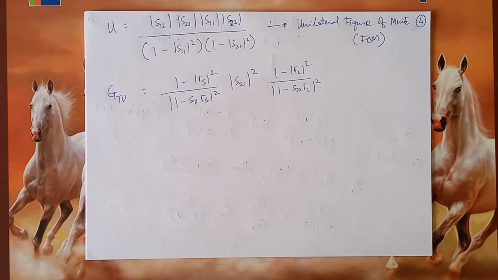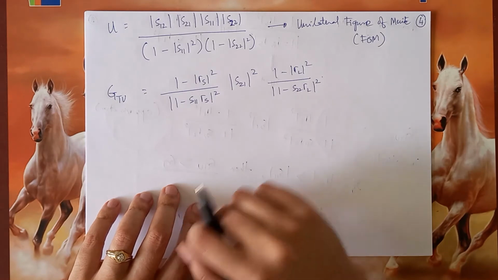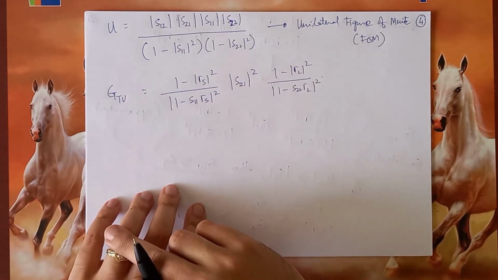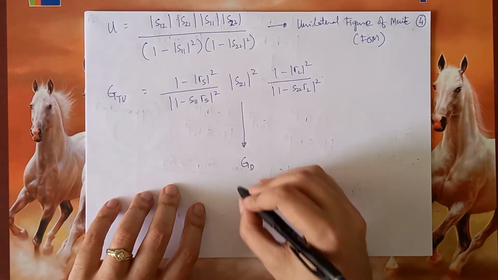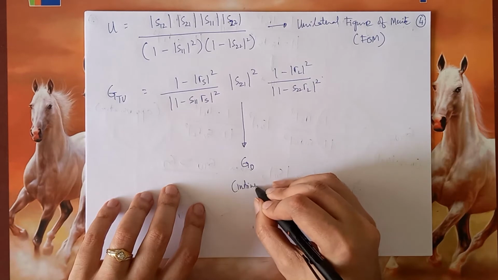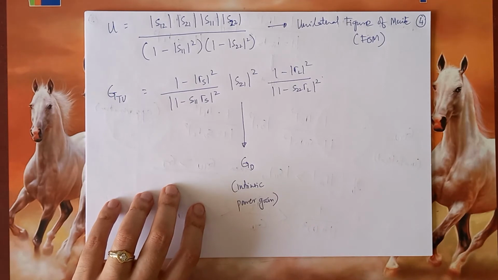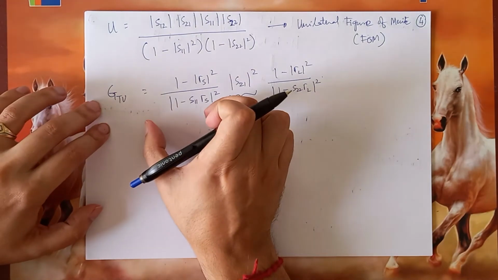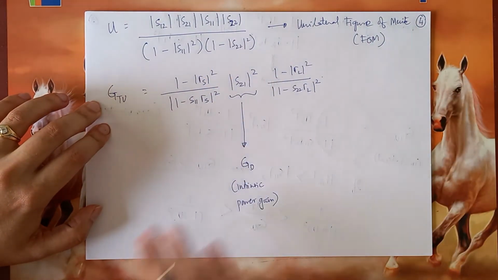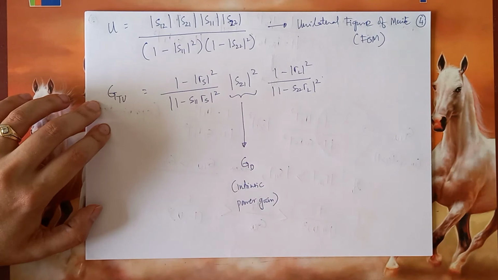Now, as you know, this S21 is called the intrinsic voltage gain of the MMIC. So therefore, this S21 mod square is called the intrinsic power gain of the MMIC. Now, I have one term which denotes something on the source side of the MMIC, and this term is something that is denoted for the load side of the MMIC.